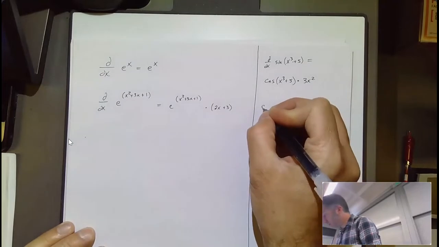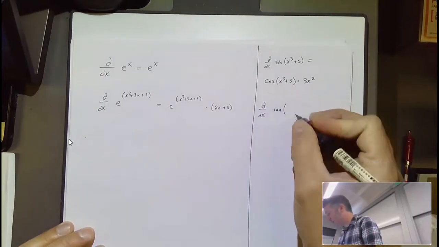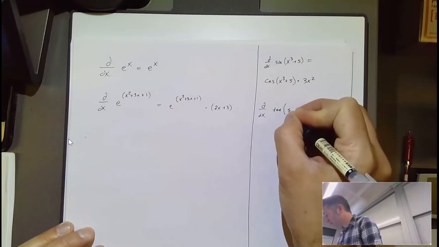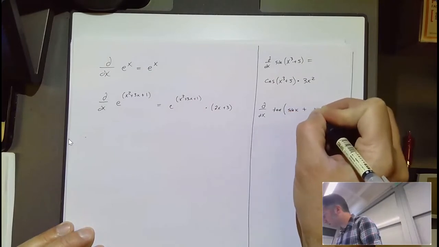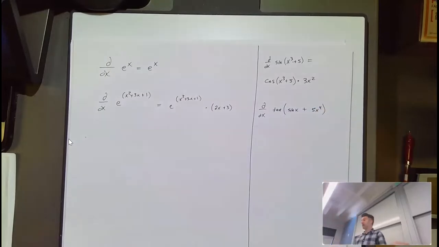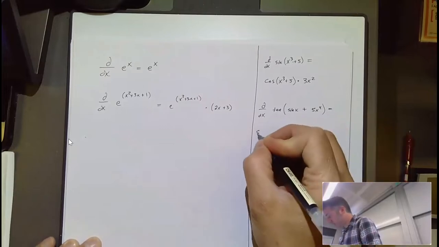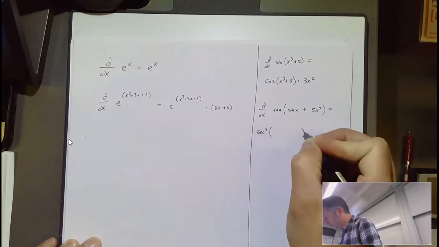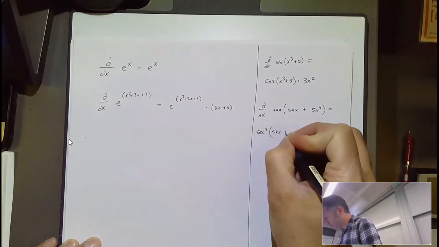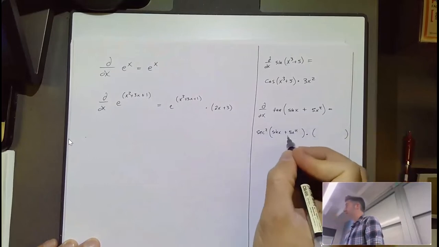So for another example, if I was taking the derivative of, say, tangent of sine of x plus 5x to the 4th, I know the derivative of tangent of x is secant squared of x. So the derivative of tangent of some stuff is going to be secant squared of that stuff, sine x plus 5x to the 4th, times the derivative of that stuff.